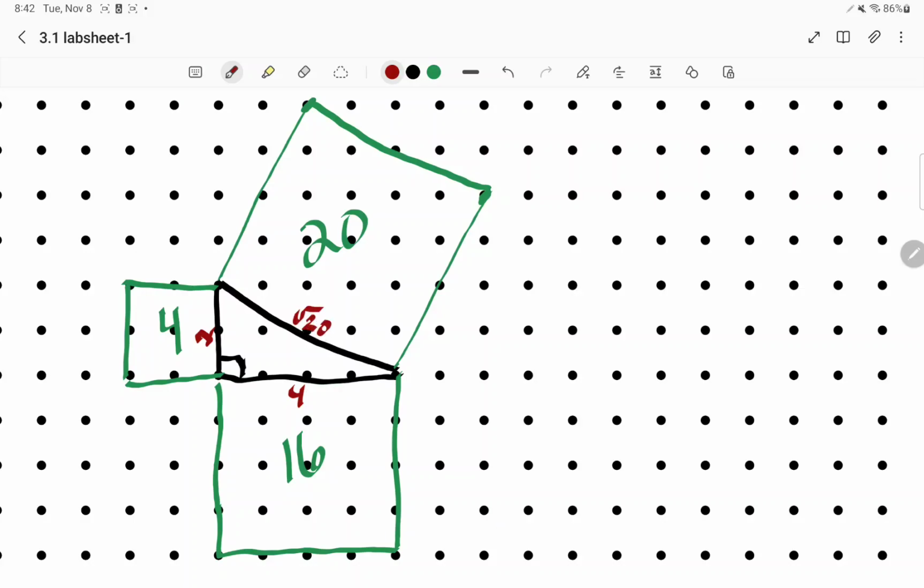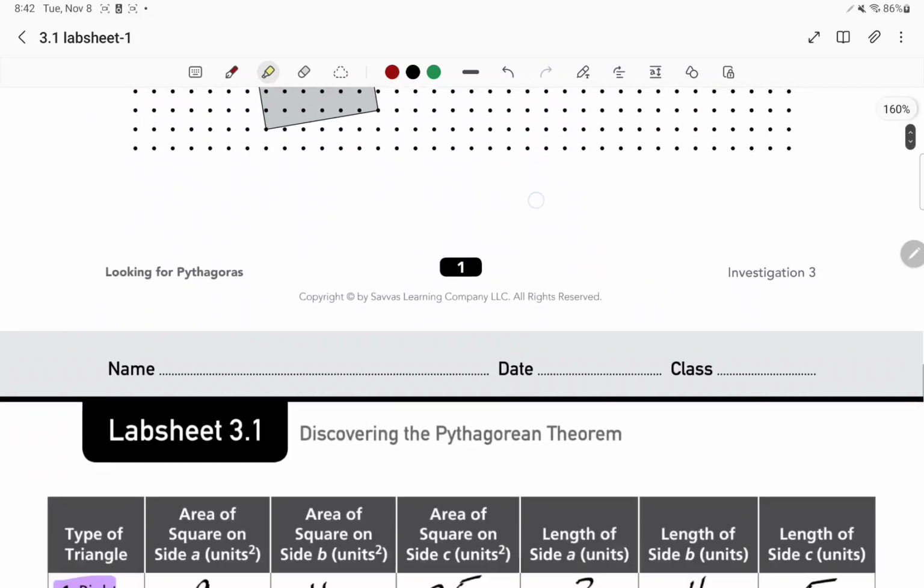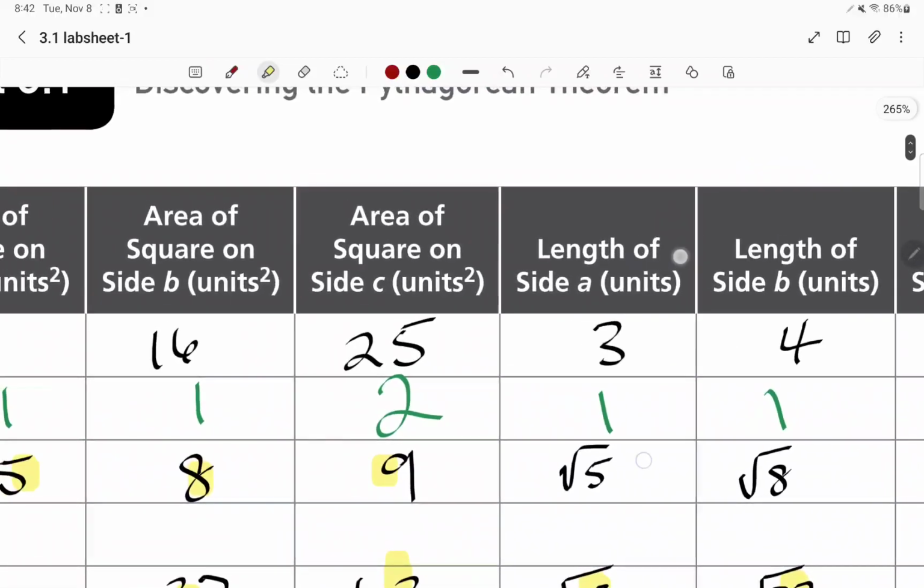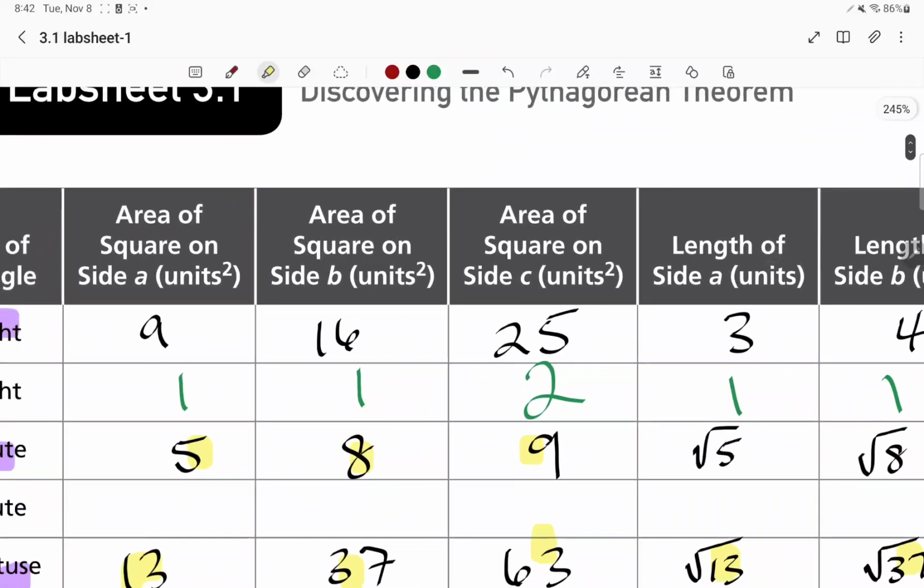But that's not important. What's important is, look at this. The sum of the squares of your side lengths, right there, 4 and 16, add up to 20. Okay? So that is the pattern that is true for the Pythagorean theorem. So look down here. Look at your right triangles here. Again, this is true for right triangles, not for the other ones.